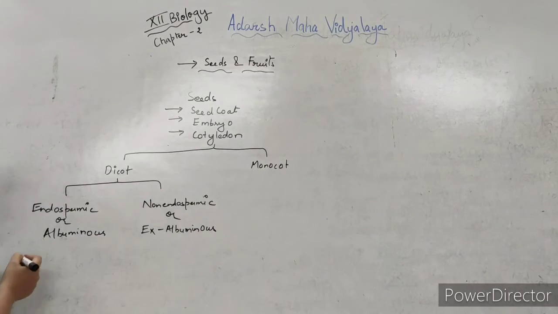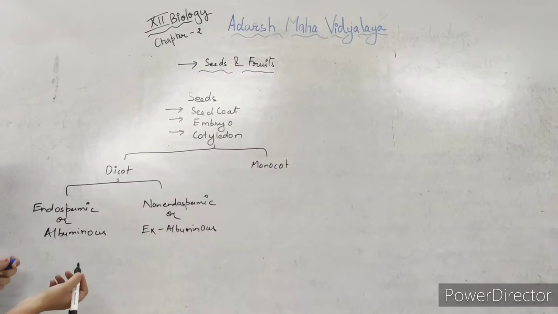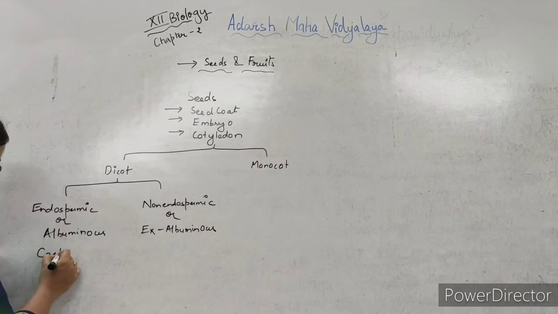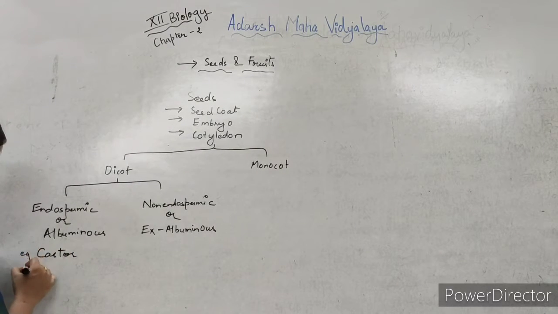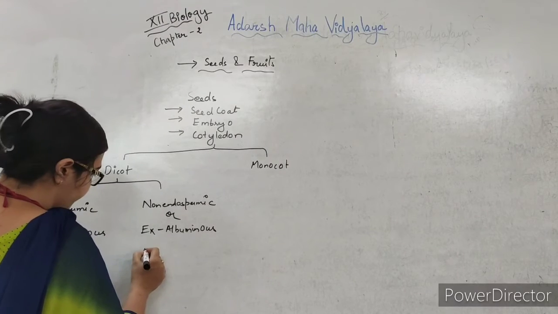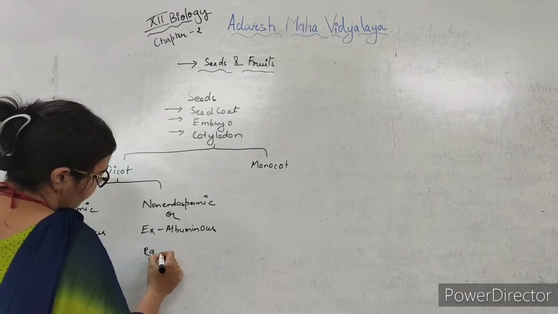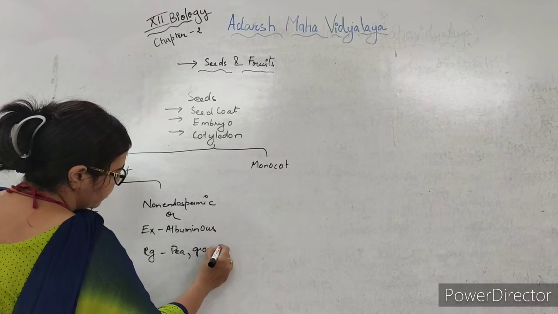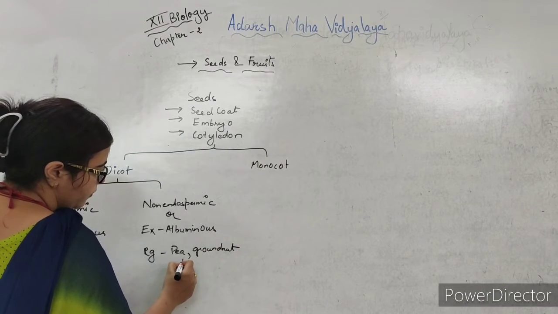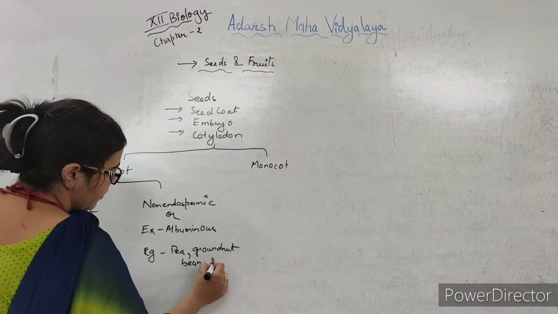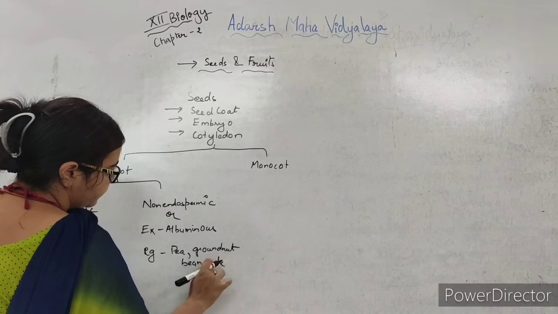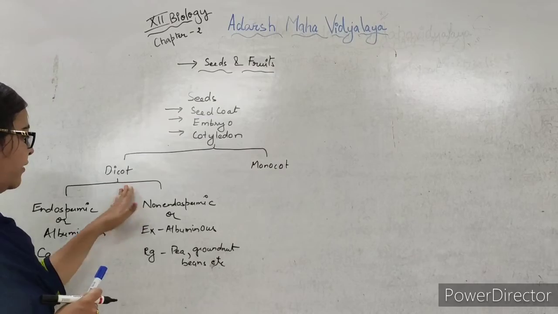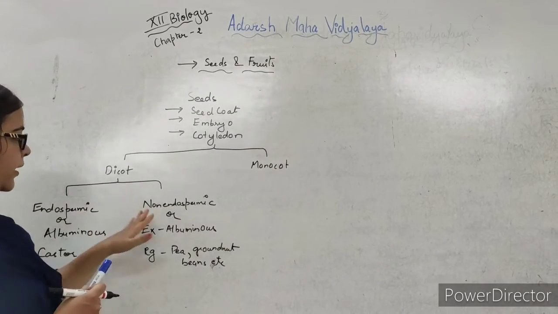Now the example of endospermic seeds can be castor, and non-endospermic seeds are pea, groundnut, beans, etc. So in dicots we have two types of seeds, that is endospermic and non-endospermic.